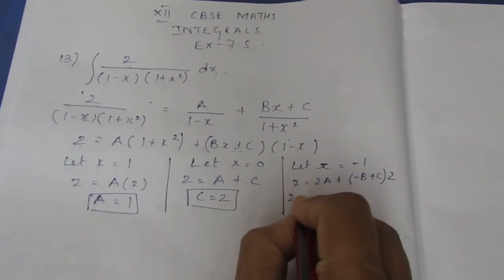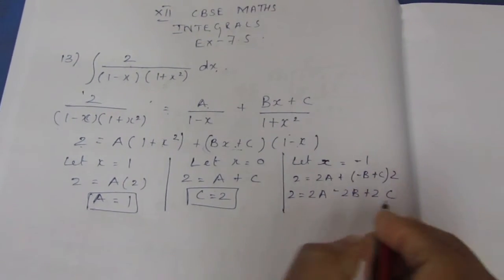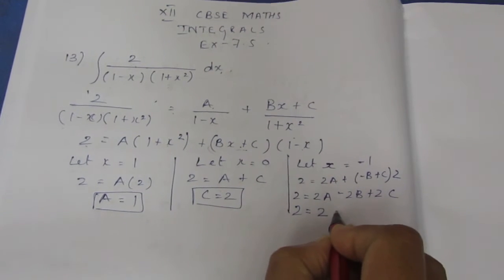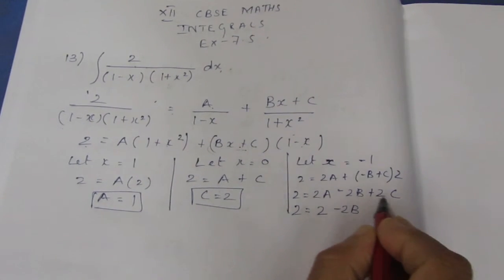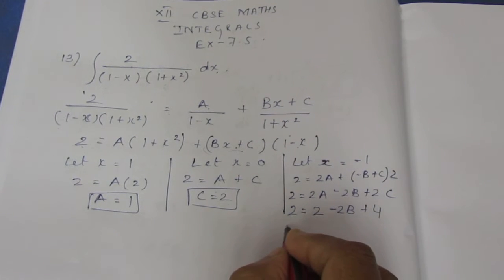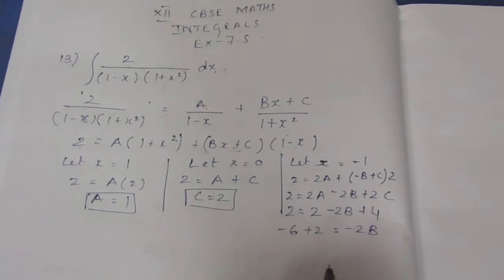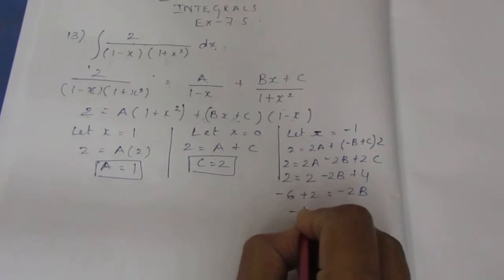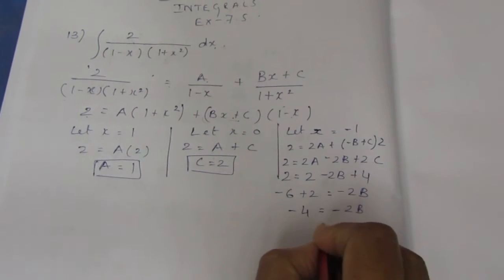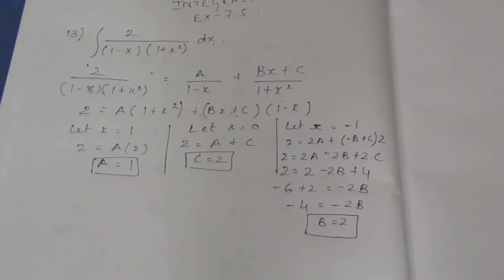So multiplying, it becomes 2 is equal to 2a minus 2b plus 2c. So substituting the values, it becomes 2 is equal to 2 minus 2b plus 4, so minus 6 plus 2 is equal to minus 2b, minus 4 is equal to minus 2b, b is equal to 2. So we have found a, b and c.